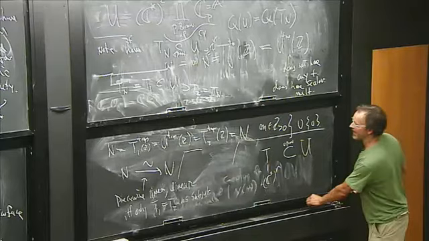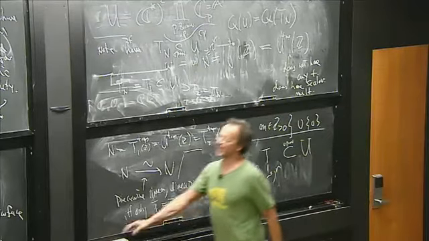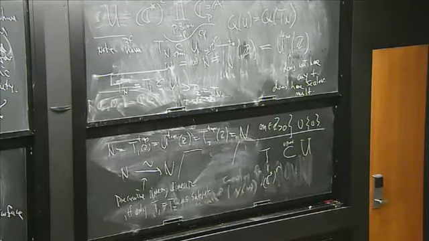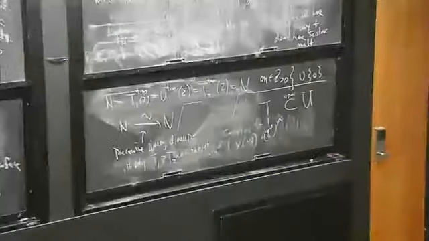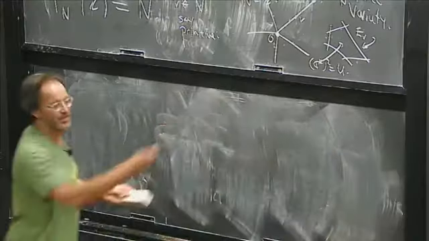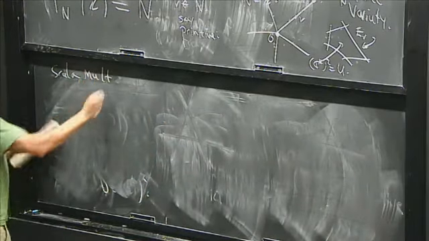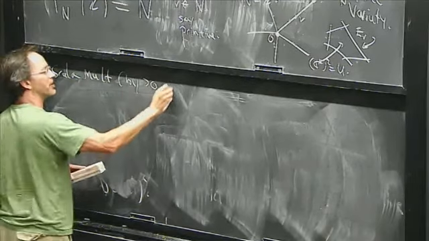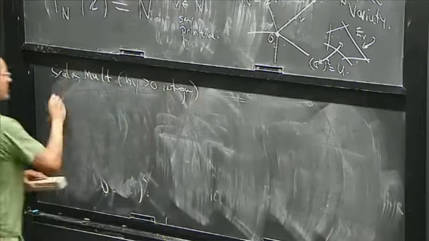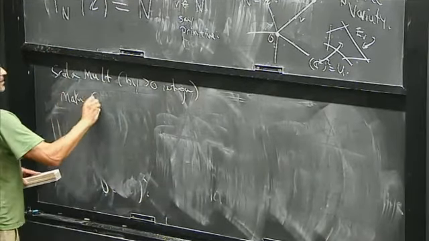And why do I mention that? Because when I gave the definition, it might have looked a little hokey. I just threw in this extra point 0. That's a canonical thing, that 0. So scalar multiplication by a positive integer makes sense in U trop.